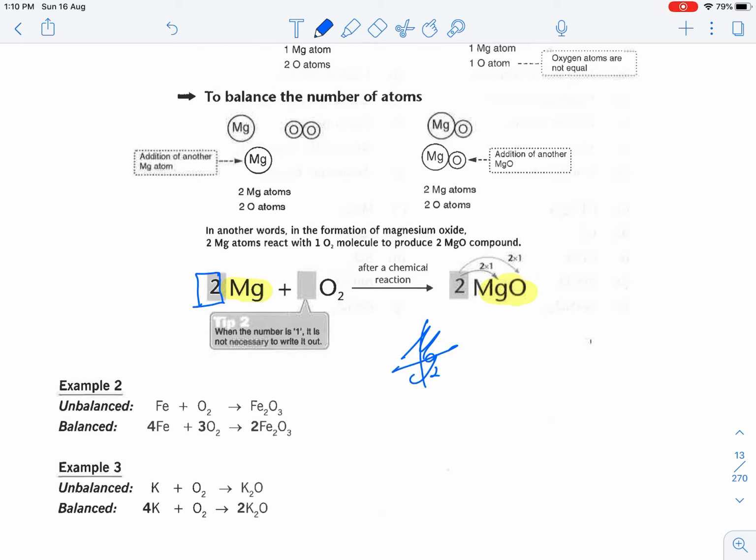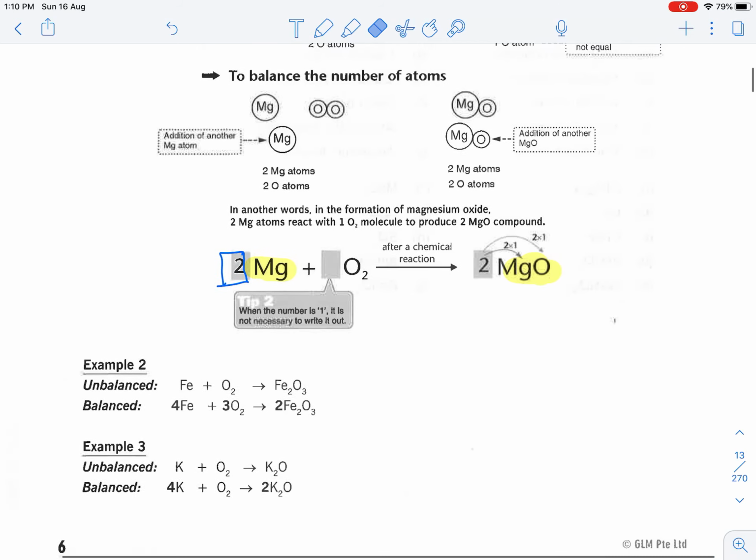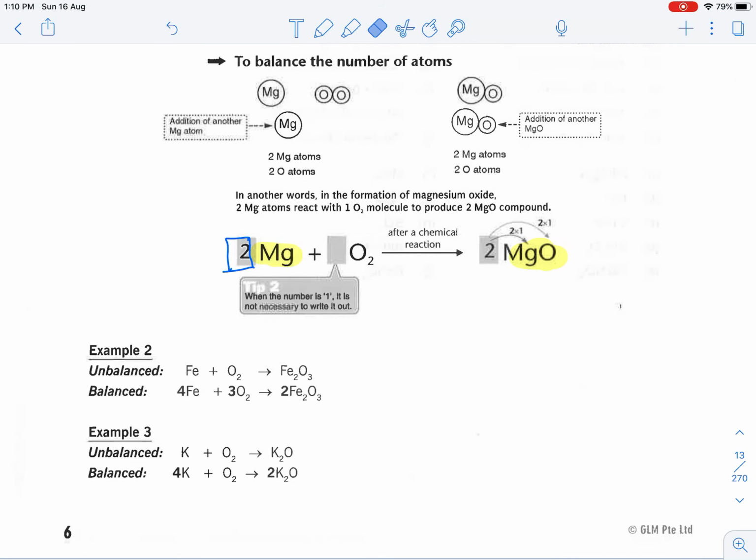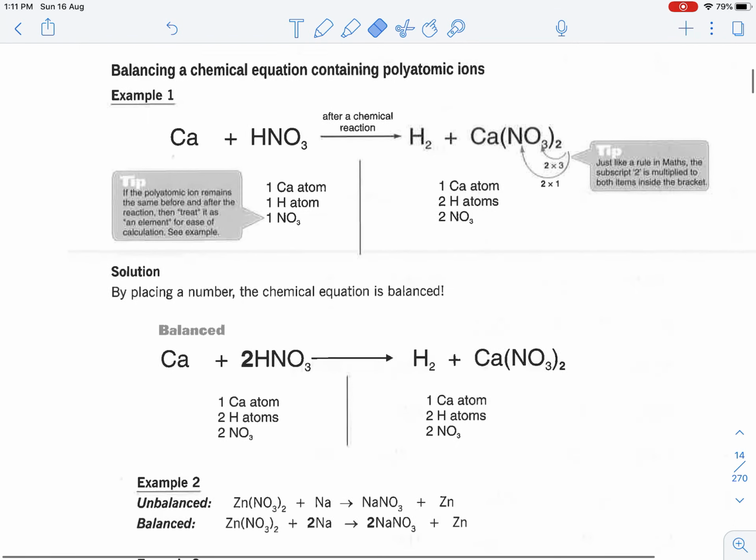I mean, there's no such thing as Mg2. So just take note. You can see that there isn't a need to write any charge at the top for chemical formulas. Later on, we will touch on ionic equations that involve that particular charge.